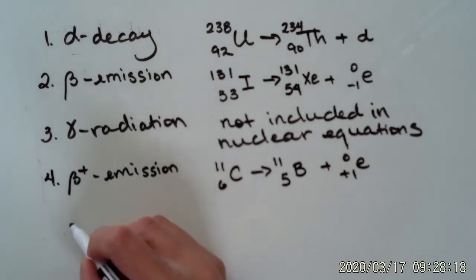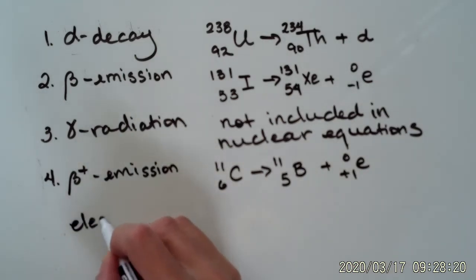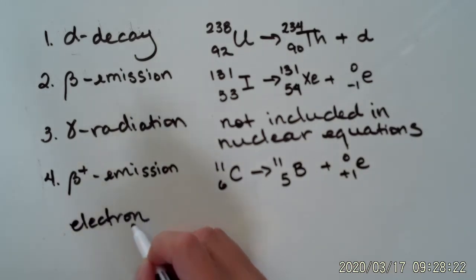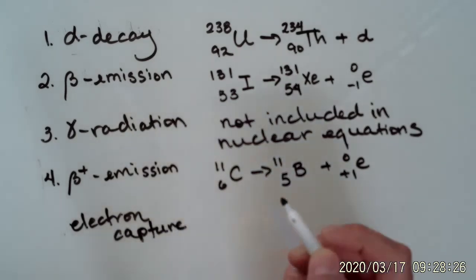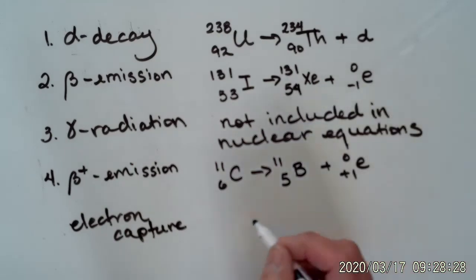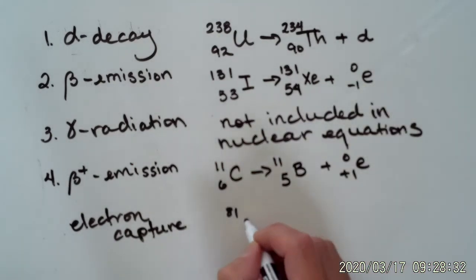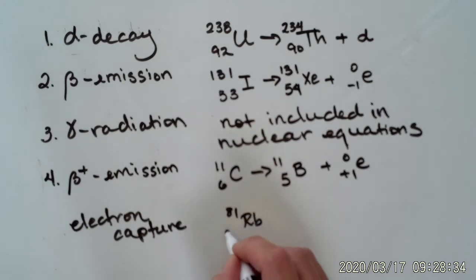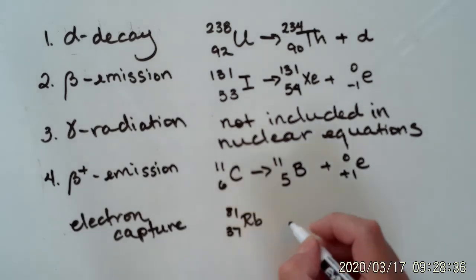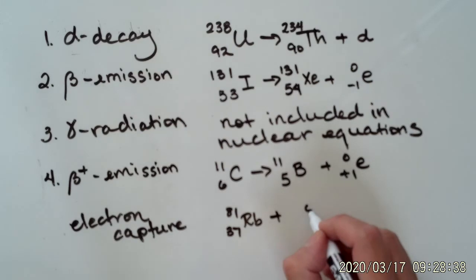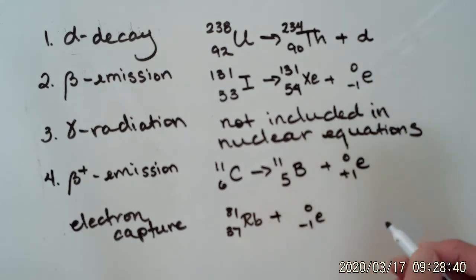Also, let's talk about electron capture. Let's take something like a heavier element, rubidium-81. And it captures an orbital electron.